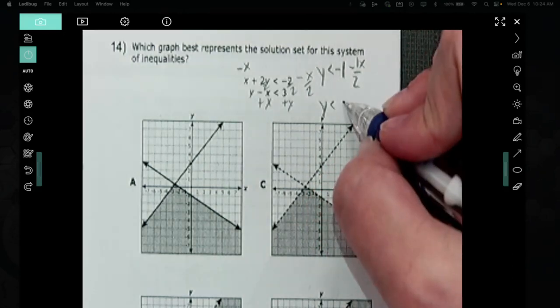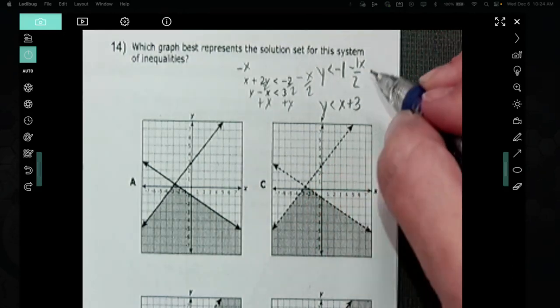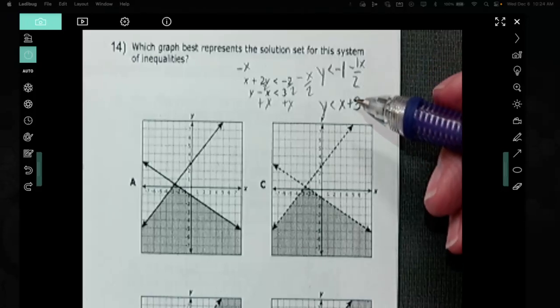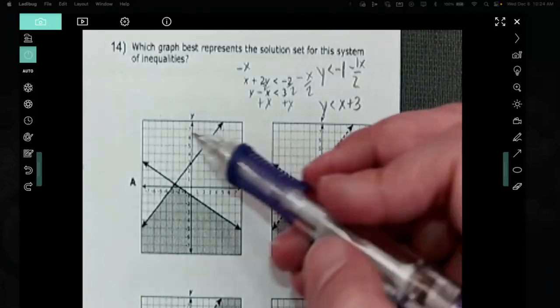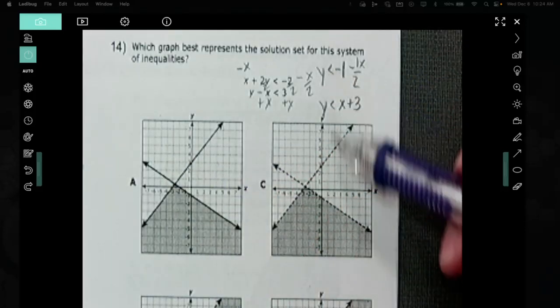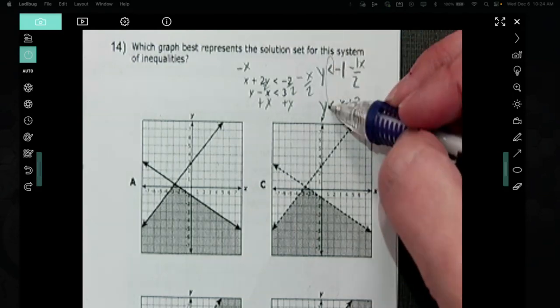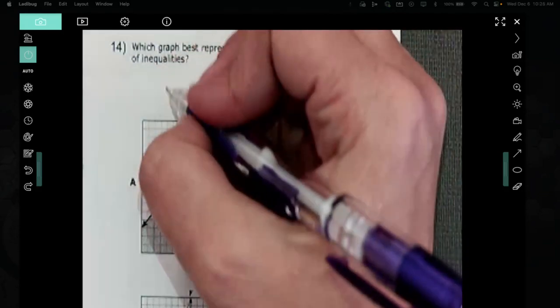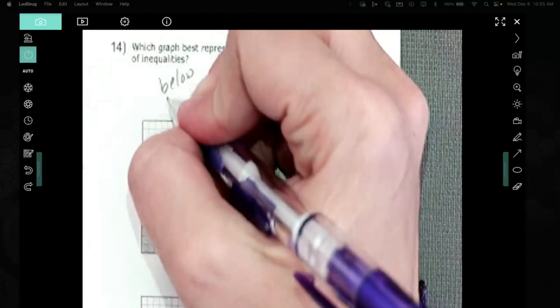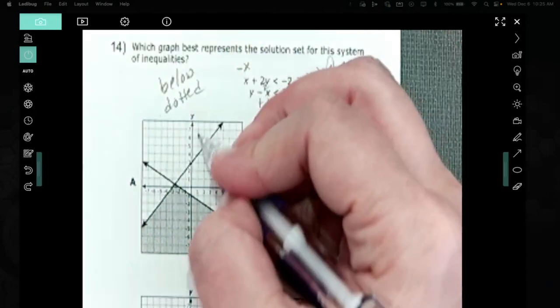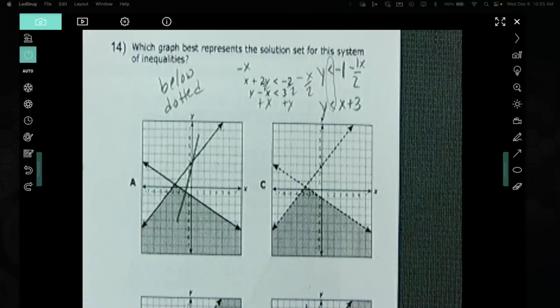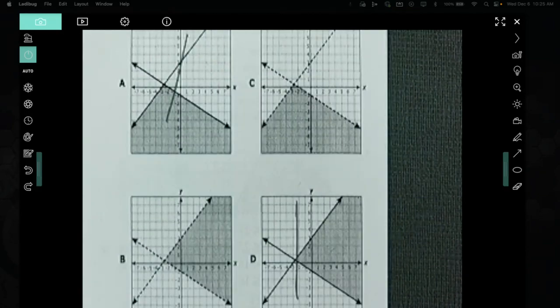Again, I didn't divide by a negative, so my inequality stays. Now, all of these lines are identical. We're not worried about that. Look at your signs. These are both less than, so they're both going to be below and they're both going to be dotted. So A and D are out because those are solid.